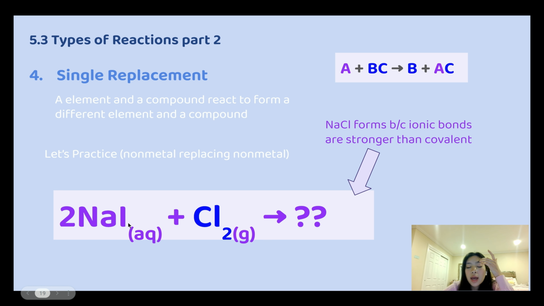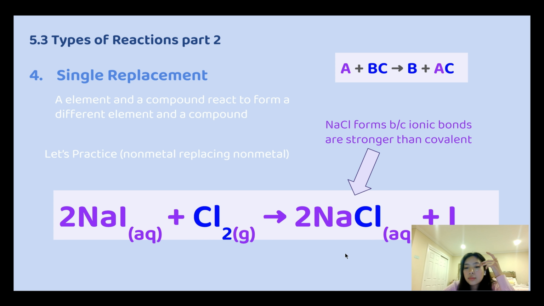So we're going to predict that we form NaCl, which is salt, and then iodine alone. NaCl is formed because an ionic bond is stronger than a covalent bond. So we're not going to form iodine and chlorine bonded together, because chlorine is going to displace the iodine.